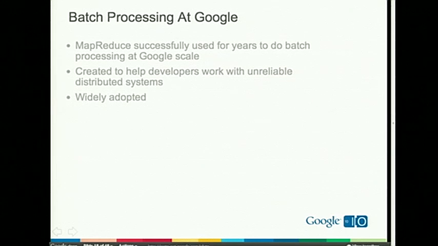At Google, MapReduce has been used for years and years to do batch processing at our Google scale. And MapReduce as a system was specifically created to help developers work with unreliable distributed systems, storages, failovers, retries, and it's really, really widely adopted. So at Google, there are thousands and thousands of MapReduce jobs running.